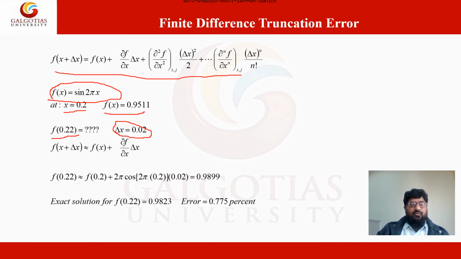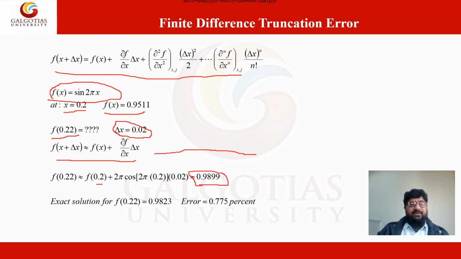So from the formula, neglecting higher order terms, we can write that f(x plus delta x) equals f(x) plus del f by del x into del x. So f(x plus delta x) is the value of the function at 0.22, and the value of the function at x we know, the derivative we know, del x we know, and this can be calculated as this much.